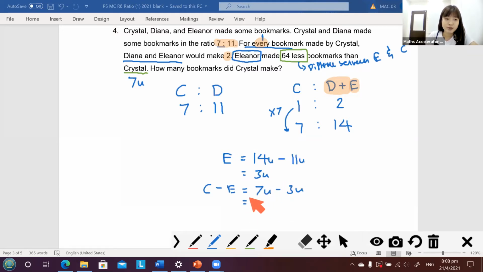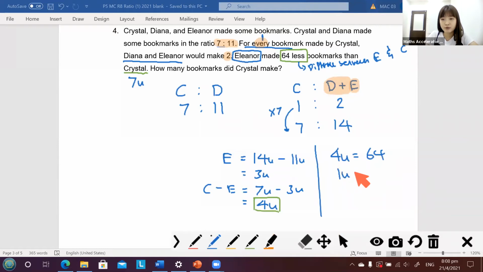So the difference would be 4 units. So now your 4 units will be equal to the 64 here, the difference. For those of you who tell me that 4 units is equal to your 64, that is correct. So 4 units is 64.